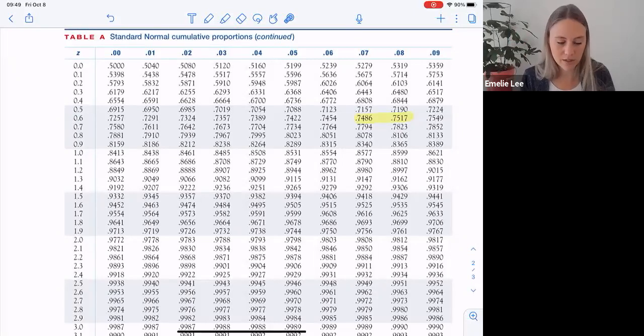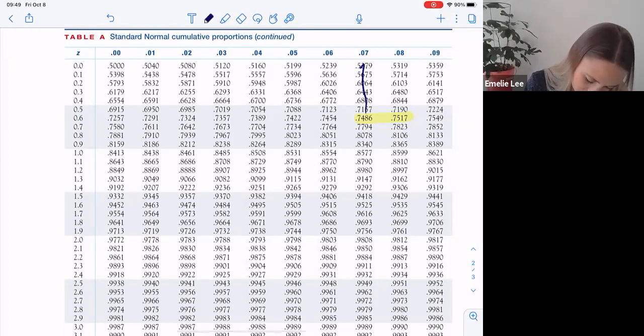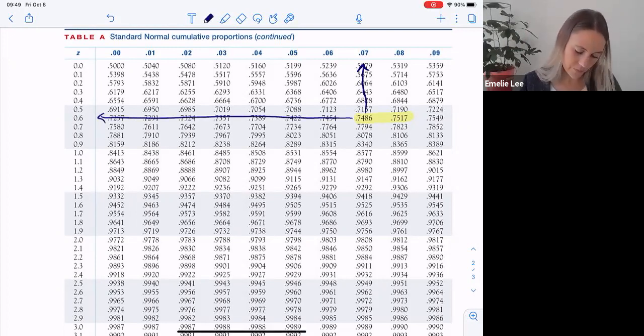I know that's kind of weird, but then I do 0.75 minus 0.7486 and find that it's 14 away. It's weird, right? But whichever way you find which one is closest, it's going to be this little guy here, which corresponds to a Z of 0.67.